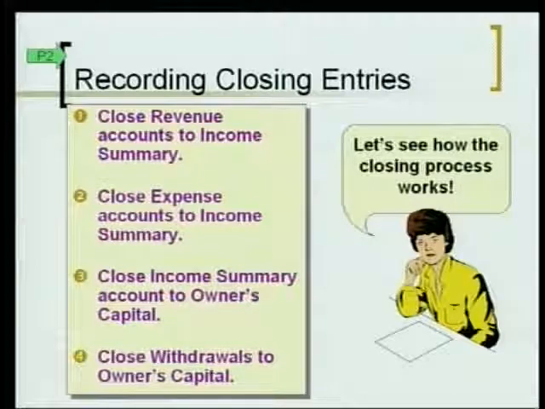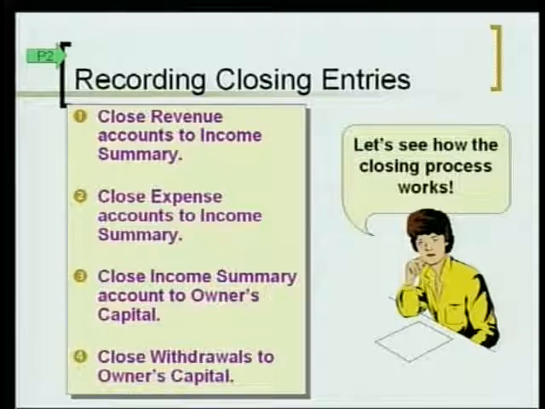I want you to look at these 4 steps while I illustrate what they look like, okay? The first closing entry is to close the revenue accounts to income summary. The second closing entry is to close the expense accounts to income summary. The third closing entry is to close the income summary account to owner's capital. And then the fourth step is to close withdrawals to owner's capital.